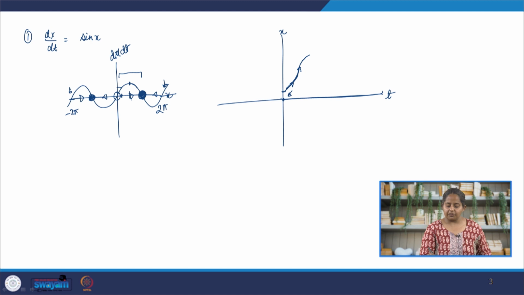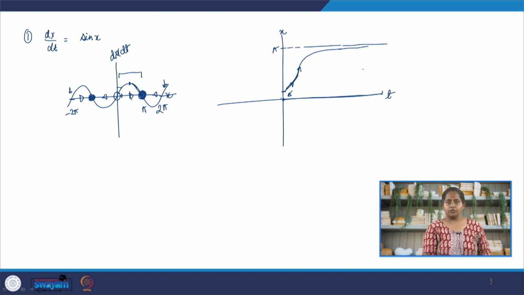So, we will see a behavior that is actually quite similar to what we saw in case of logistic equation. So, it will start slowing down, and as it approaches pi here, which is a fixed point, a stable fixed point, dx by dt will start approaching 0, which means the curve will start flattening out.